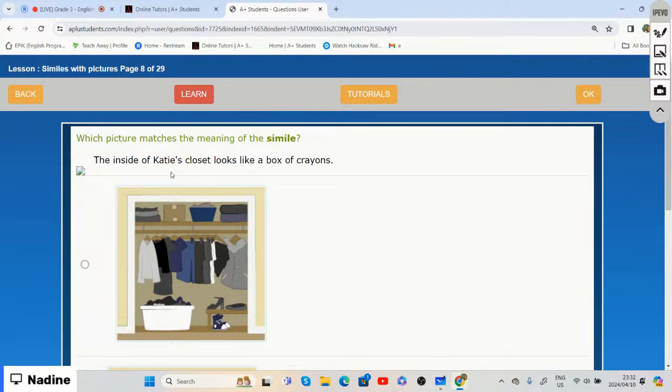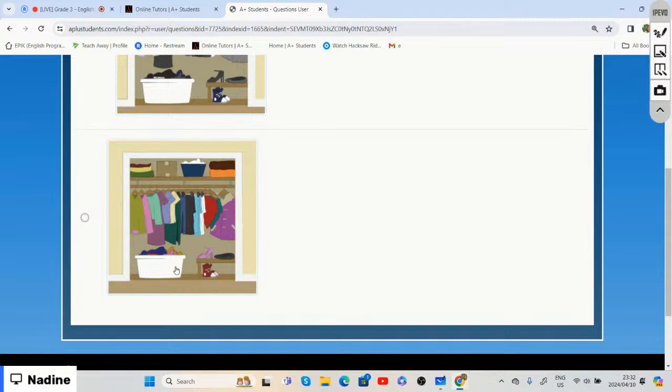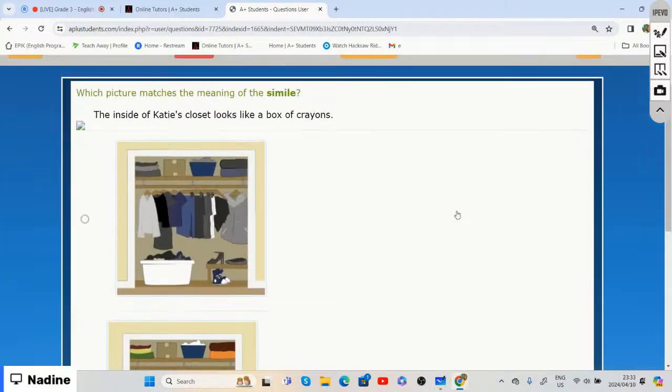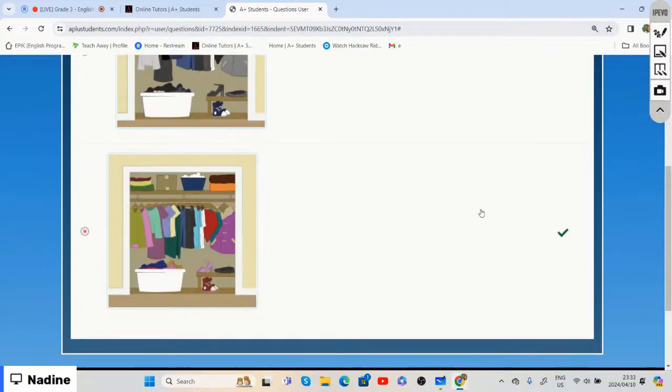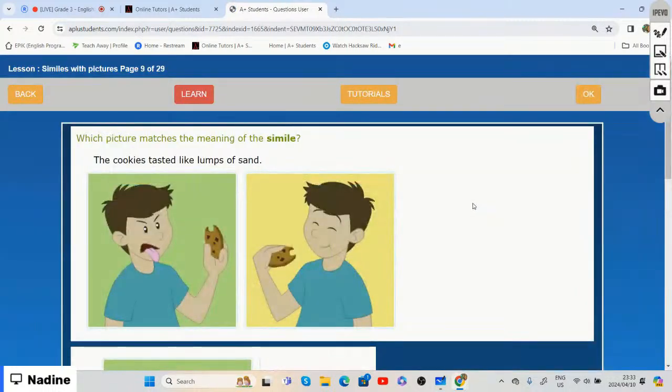So the inside of Kathy's closet looks like a lot of crayons. And if we look at the lots of crayons, we're going to say it's the second option. And the second one is correct. Yes, because it looks like a box of crayons that fell over.